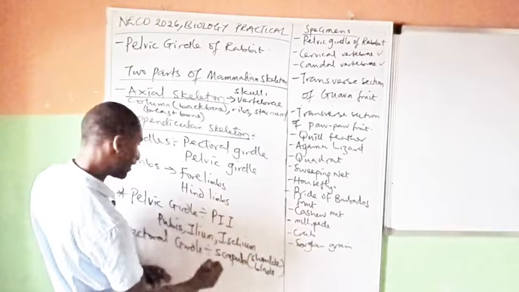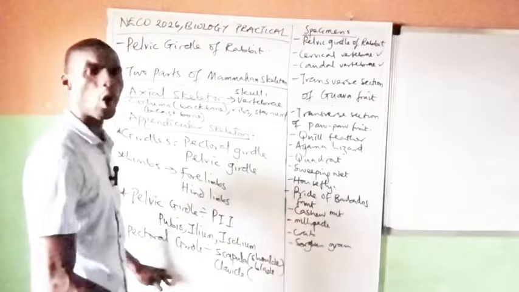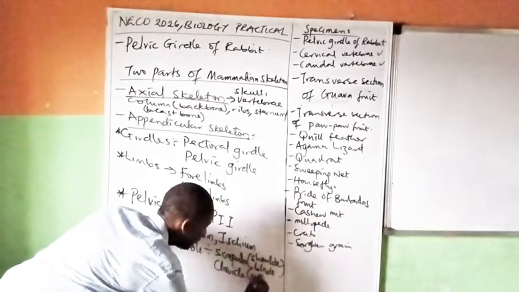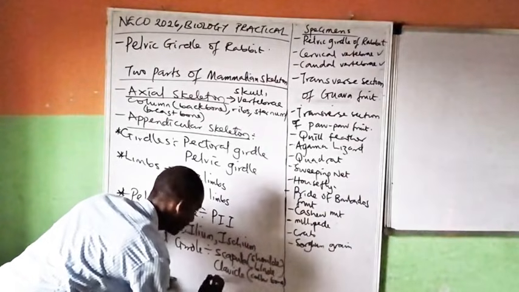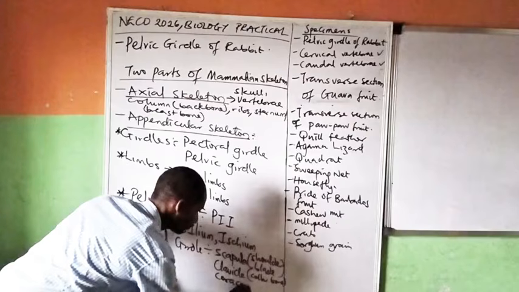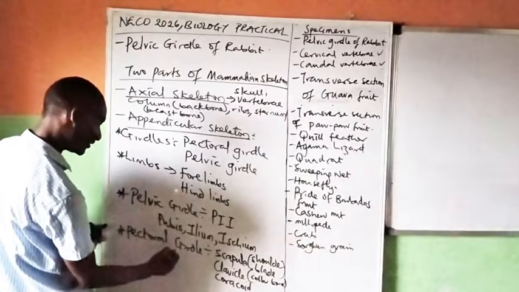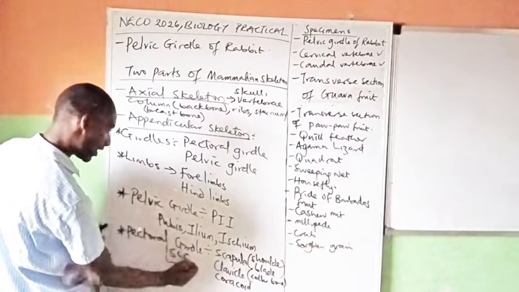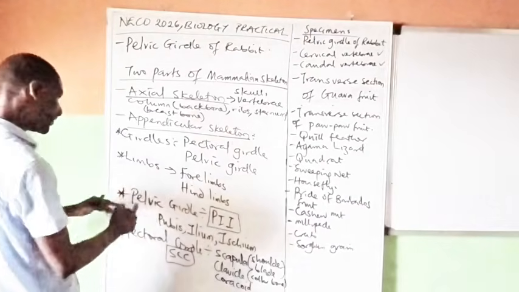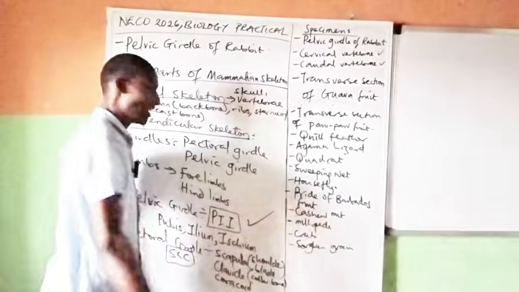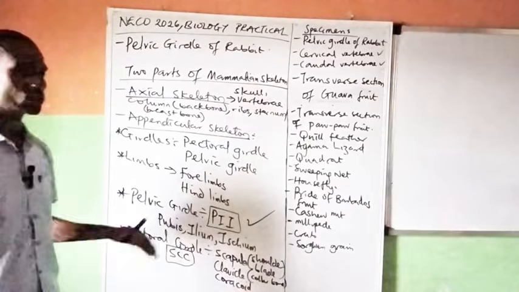You have the clavicle, which is also called the collarbone, and then you have the coracoid. So these are the 3 bones. The acronym here is SCC, while the acronym for the pelvic girdle is PII. This is what the emphasis is on for your practicals, for your specimen.